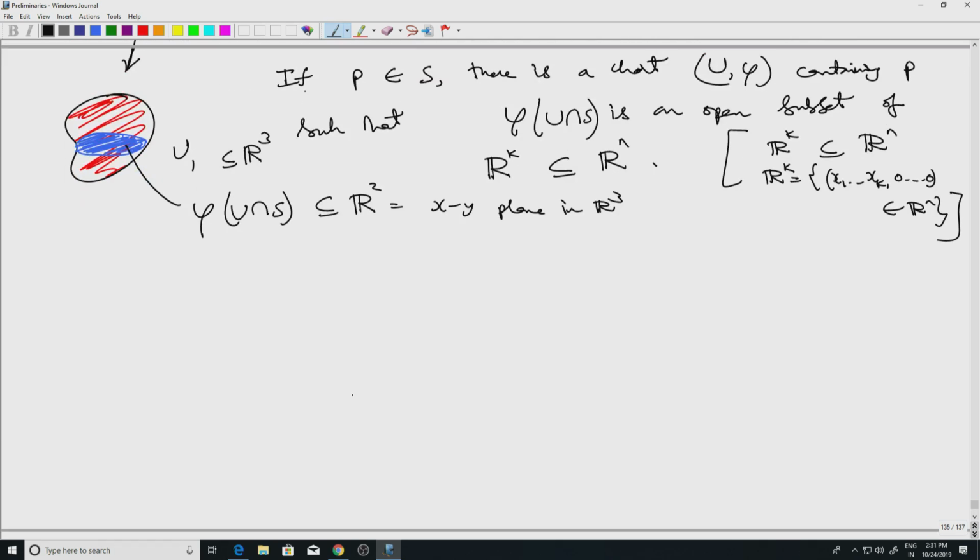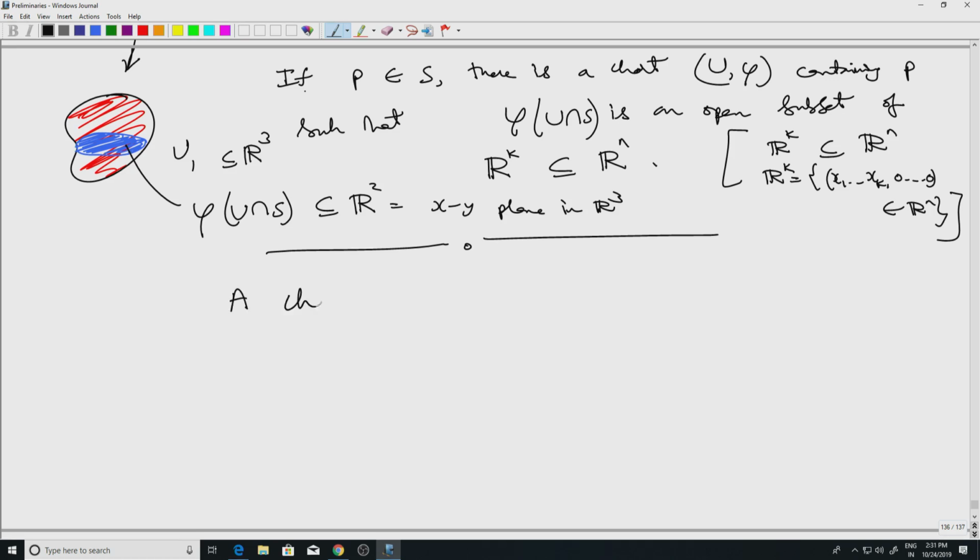Well, as I've defined it, it's just a subset with this property. Now there are several things to check. One is that, to begin with, it is actually a manifold by itself. So for that, I need charts on S. First, let's give charts of this type a name.